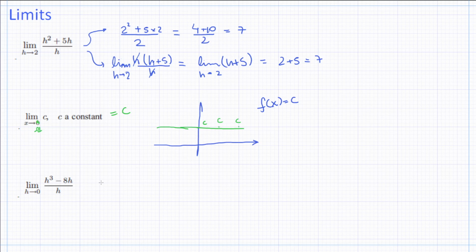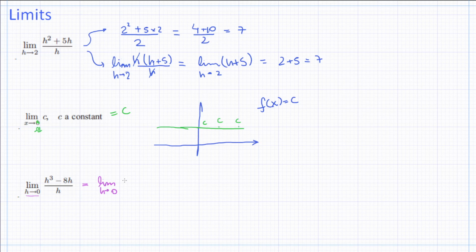Now the last example here, if you compare it with the first one, you wouldn't have two ways of doing it, because your h is approaching 0 now, and you've got a denominator here, so you cannot just substitute 0. You would have a division by 0. So in this case, you have no option but to simplify.